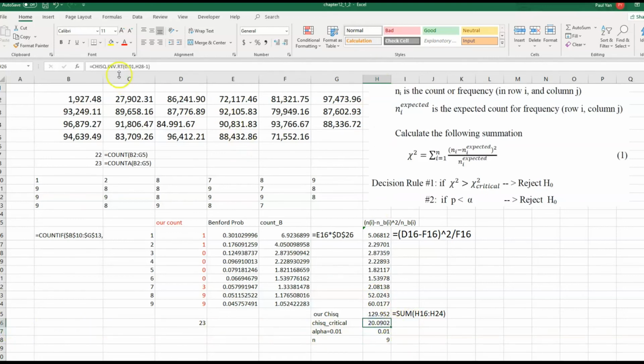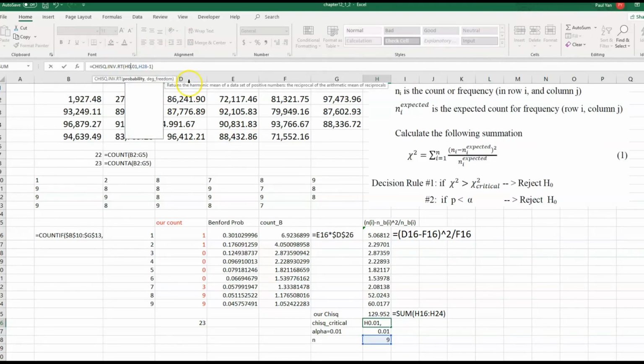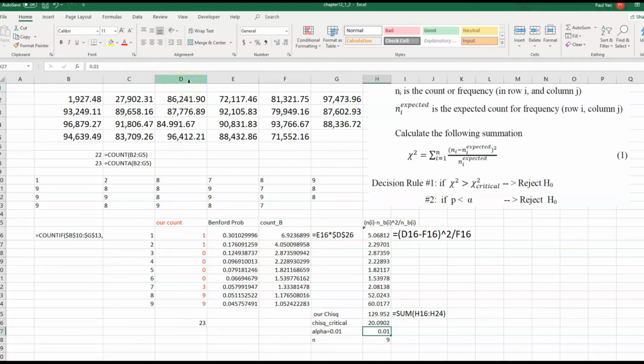This is H27. So this is the decision. This is what is called rule number 1.